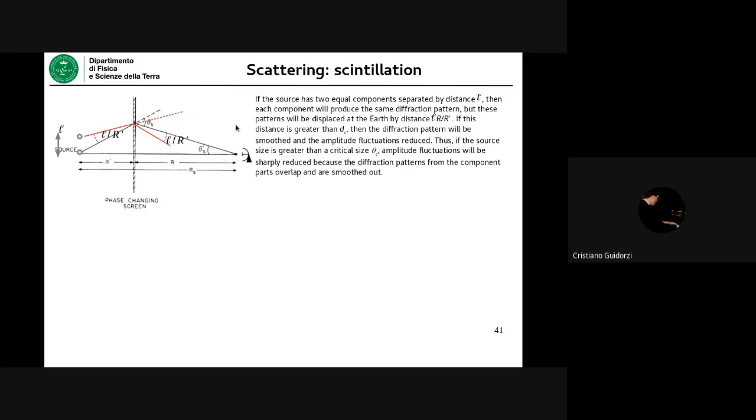So the fluctuations that you measure do depend on whether the source is an extended source, made of different point-like sources. So how can you calculate the critical size? There is a critical angular size of the source, beyond which the scintillation gets quenched.